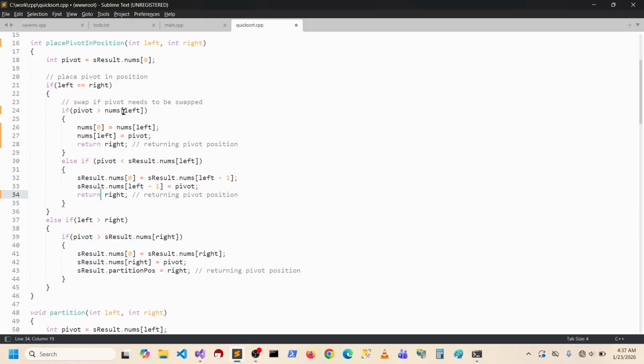So if pivot is greater than nums left, else if pivot is less than nums. That's wrong. Oh, there it is.